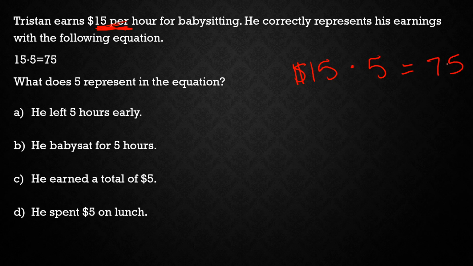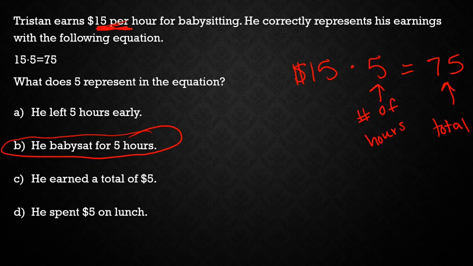Think about if you were to babysit for 2 hours and you were Tristan and you earned $15 per hour, you would earn $30, correct? Which means that this 75 on the end is his total, which means that this 5 here has to be the number of hours that he worked. He did not earn a total of $5, right?